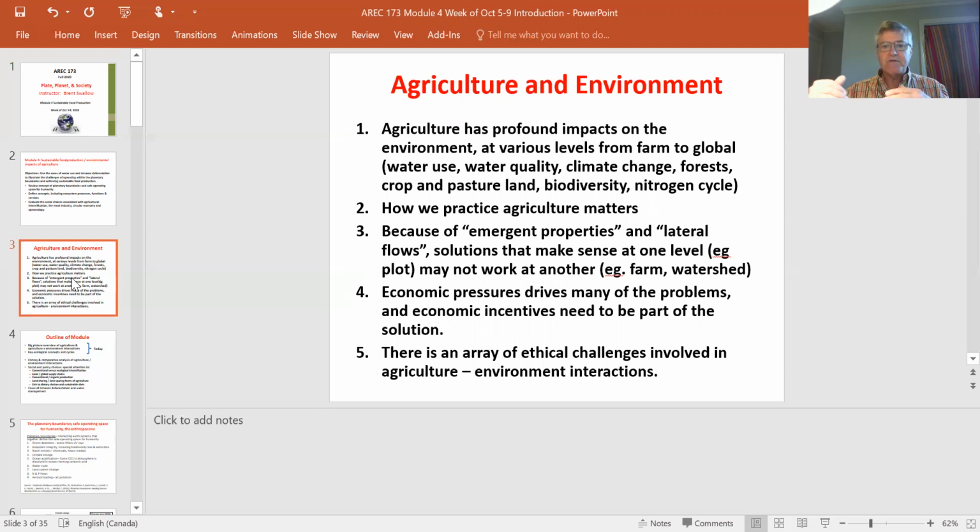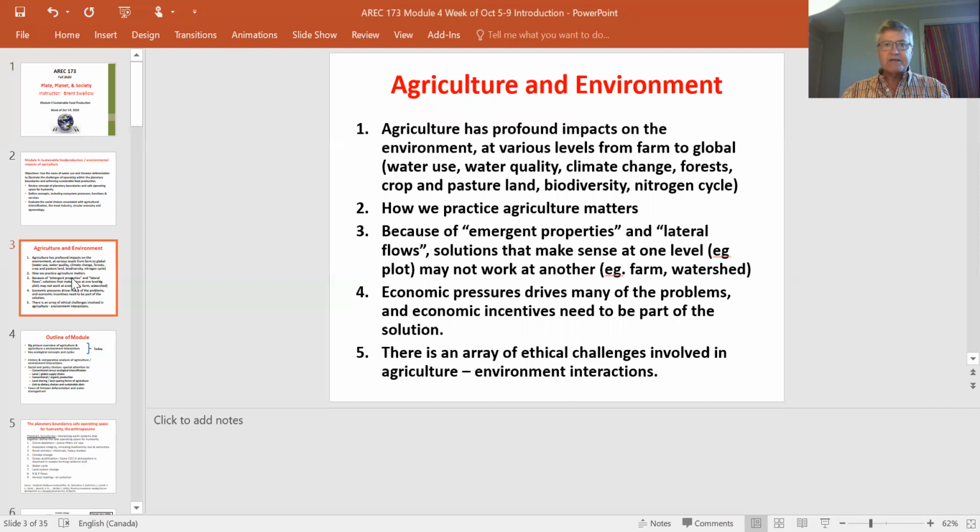We're going to illustrate that with some specific ways that agriculture affects the environment, which are listed here. The second takeaway is that how and where and when agriculture is practiced matters. It does shape how negative or possibly positive the effect of agriculture is, or different types of agriculture.